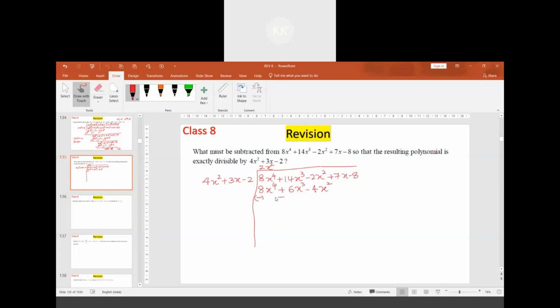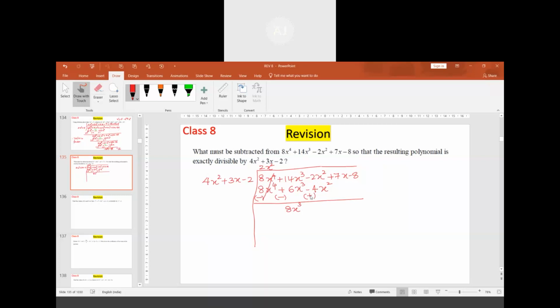Let's again change the sign. Sir, we should just subtract the remainder in this question? We should just subtract, but what to subtract? We have to find the remainder. To find the remainder, this is the method which is known to us at present. We get 8x cube.